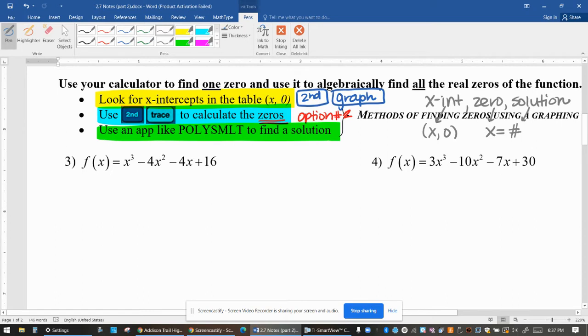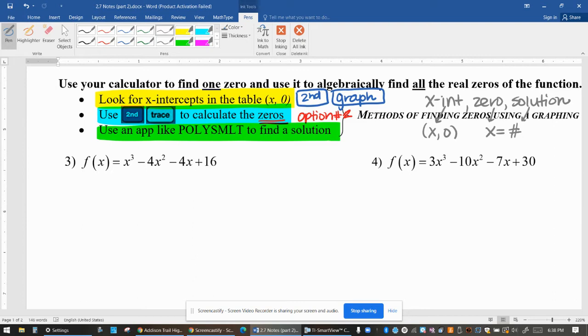Okay, so what I would like you to do is go ahead and access your graphing calculator. You can use the one in your Chromebook if you have the app there too, and type f of x into your y equals. So we're going to go ahead and try finding the zeros using different strategies, using the intercepts, using the zeros, or using PolySMLT.